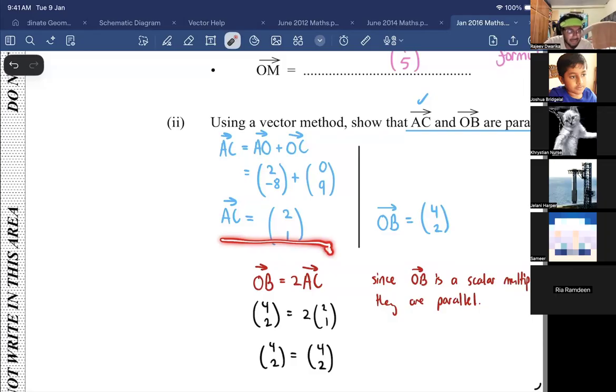If it is AC, am I going to start from O or from A? It's a highly logical question. Ria, talk to me. If I have AC equal to 2, 1, am I going to start from O or from A?